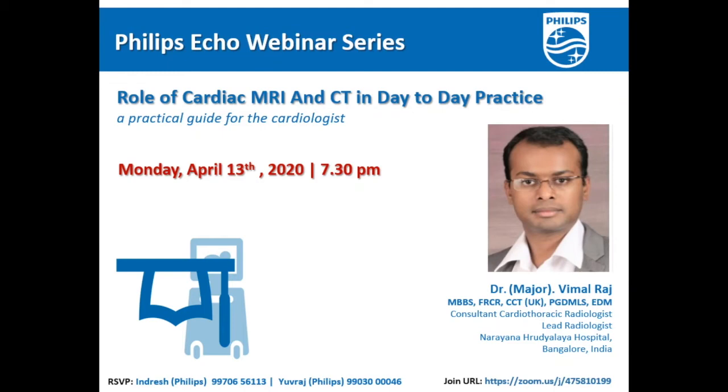Rajshri Arulnidhi has asked me, for viability, which is better, cardiac MR or PET? If you look at the evidence, the sensitivity and specificity of PET is in the region of 95 and 97%. Cardiac MR is in the region of 93 and 95%.